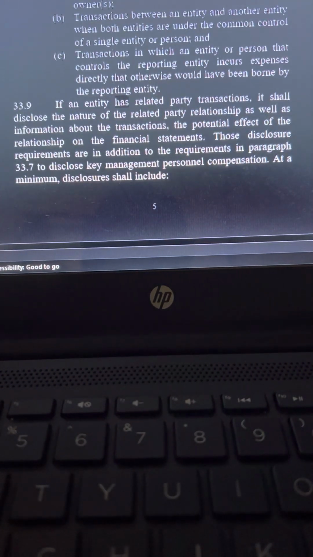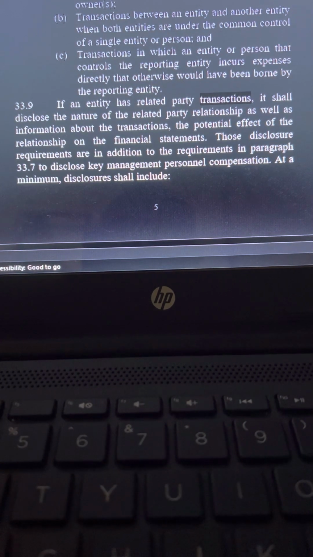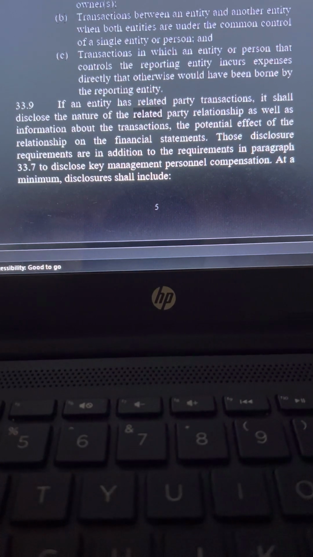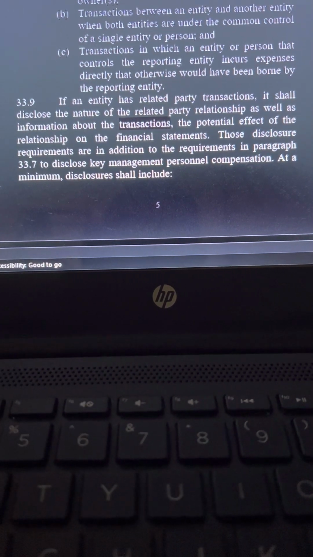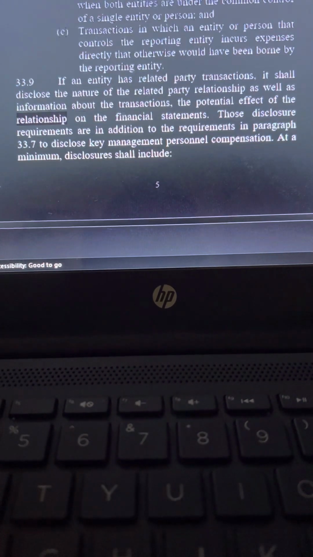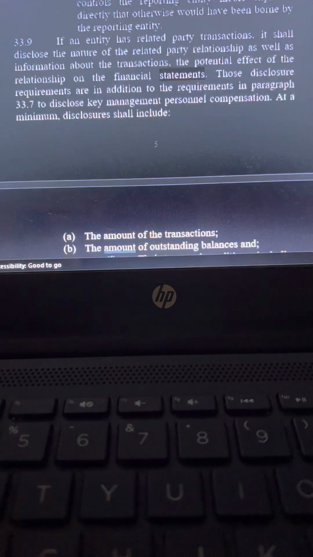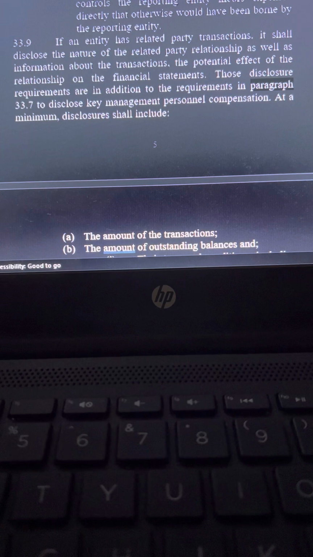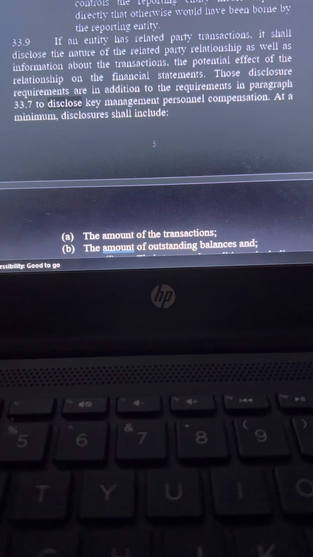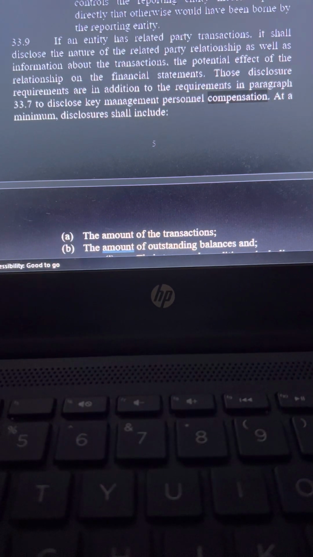33.9 If an entity has related party transactions, it shall disclose the nature of the related party relationship as well as information about the transactions and the potential effect of the relationship on the financial statements. Those disclosure requirements are in addition to the requirements in paragraph 33.7 to disclose key management personnel compensation.